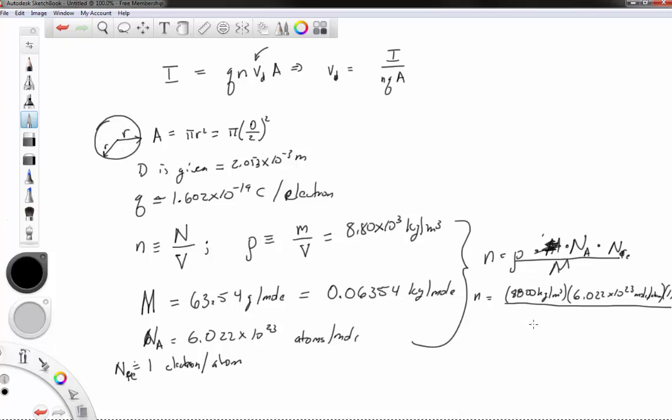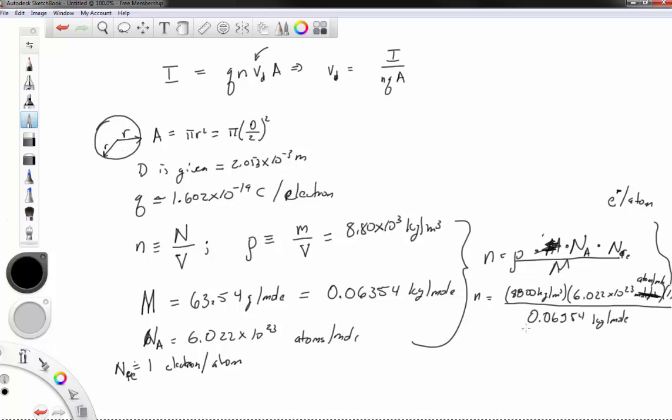So then that is going to be divided by the molar mass of 0.06354 kilograms per mole. Oops, this is backwards. This should say atom per mole. This one right here is E minus per atom.